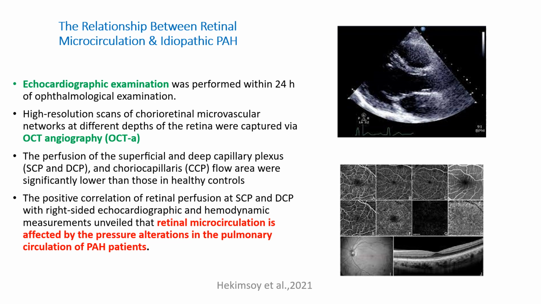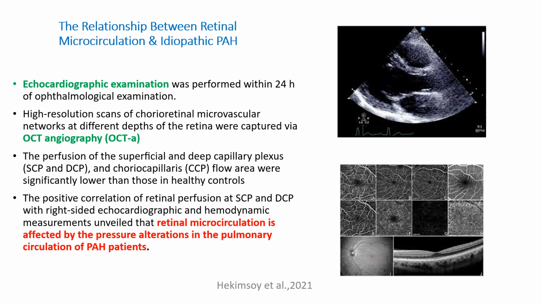The first one is the relationship between retinal microcirculation and idiopathic PAH. In this study, echocardiographic examination was performed within 24 hours of ophthalmological examination. OCT angiography, which is a high-resolution scan for the chorioretinal microvascular network in the different depths of the retina, was captured.